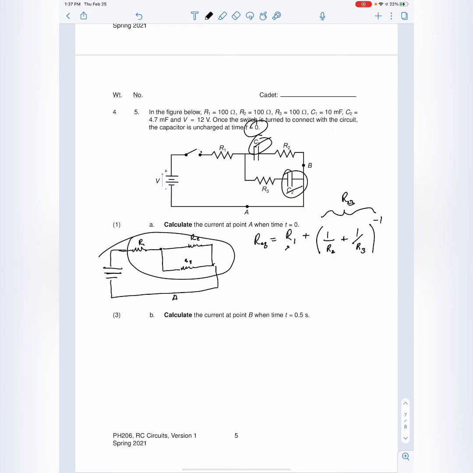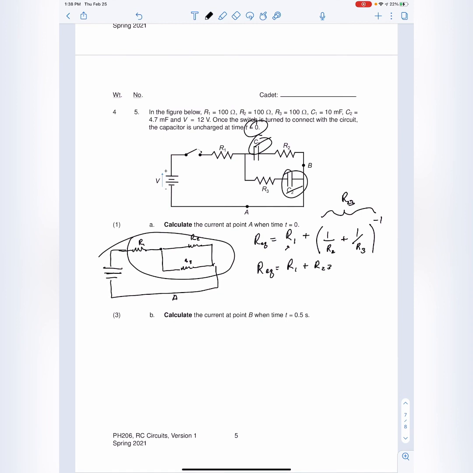And now that this is combined and resistor 2 and 3 become one resistor, we can now sum up the total equivalent resistor of the circuit, R1 plus R2 and 3.